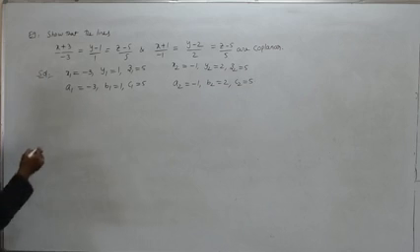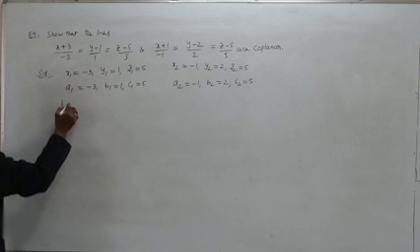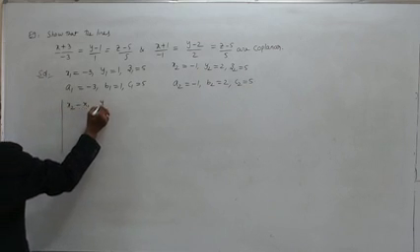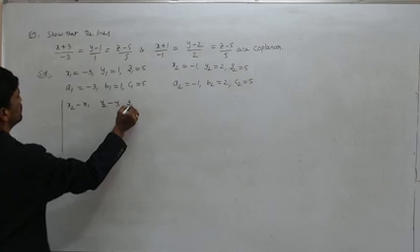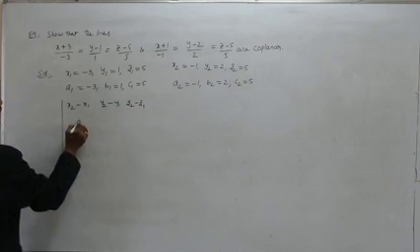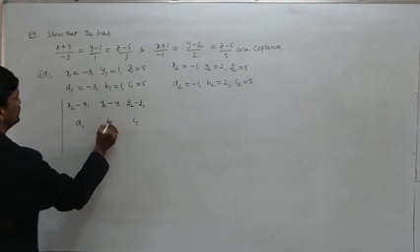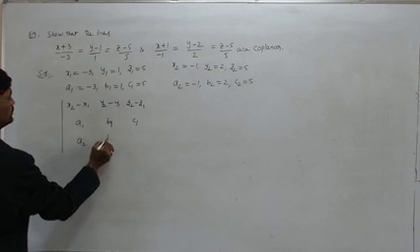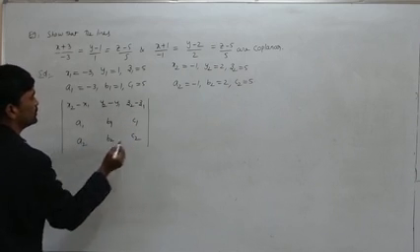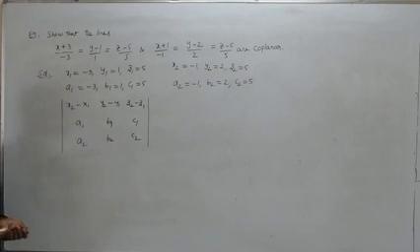So now you consider the determinant of x2 minus x1, y2 minus y1, z2 minus z1, a1, b1, c1, a2, b2, c2. If we show that the value of this determinant is equal to 0, then the given lines are coplanar.